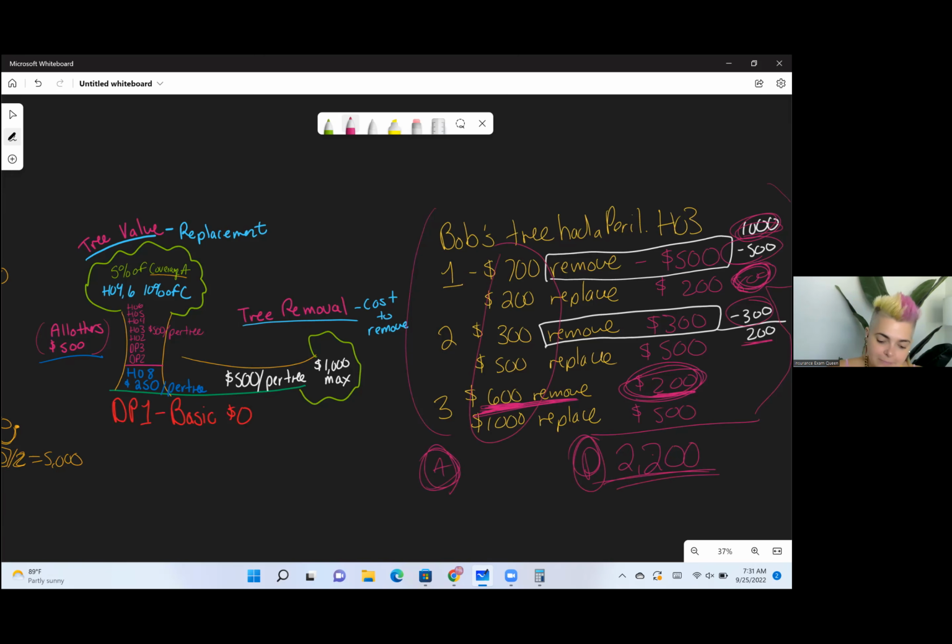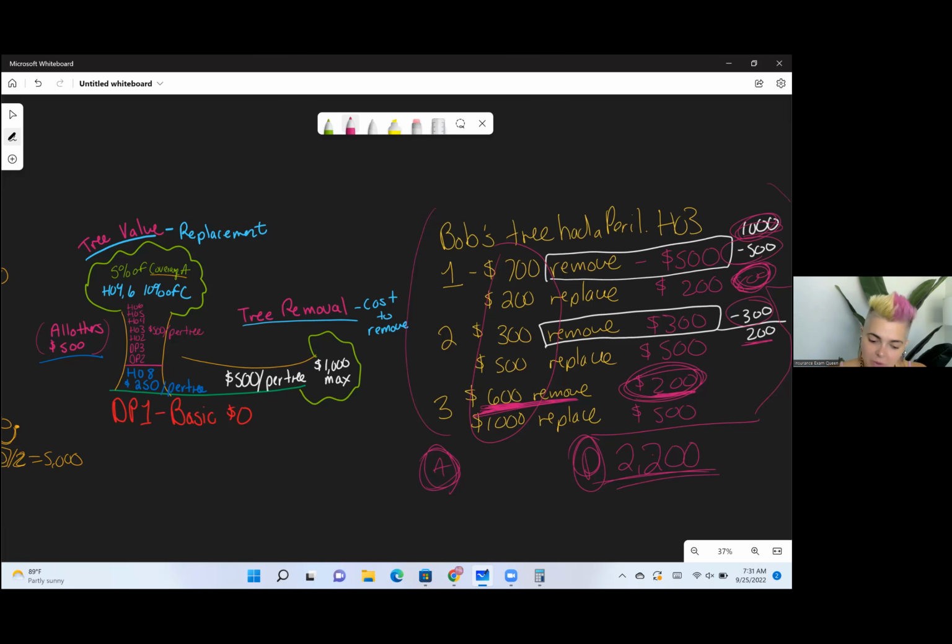Then you have the value of the tree. So again, HOA DP1, $0, HOA $250, all others 500, up to 5% of coverage A, and on a 4 and a 6, it's 10% of C, and that is for replacement. So be prepared for questions where they talk about removal of the tree and they talk about tree replacement.